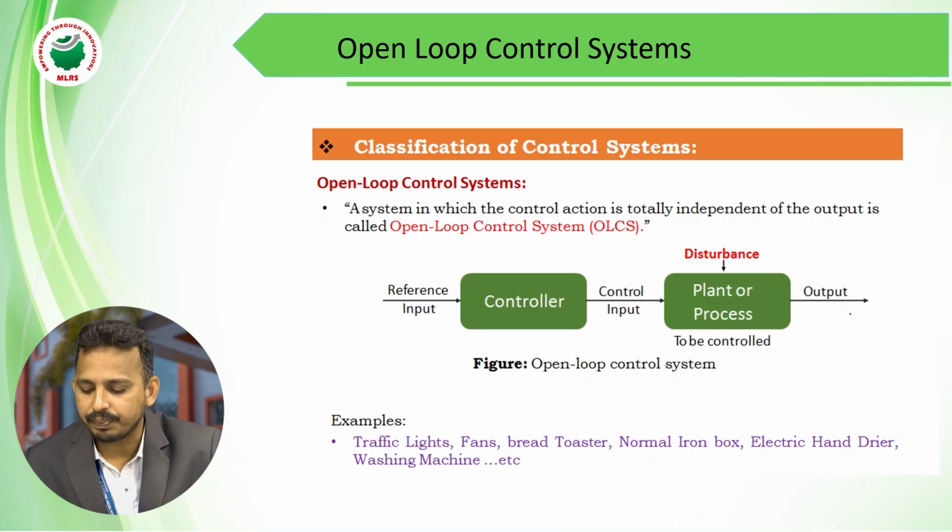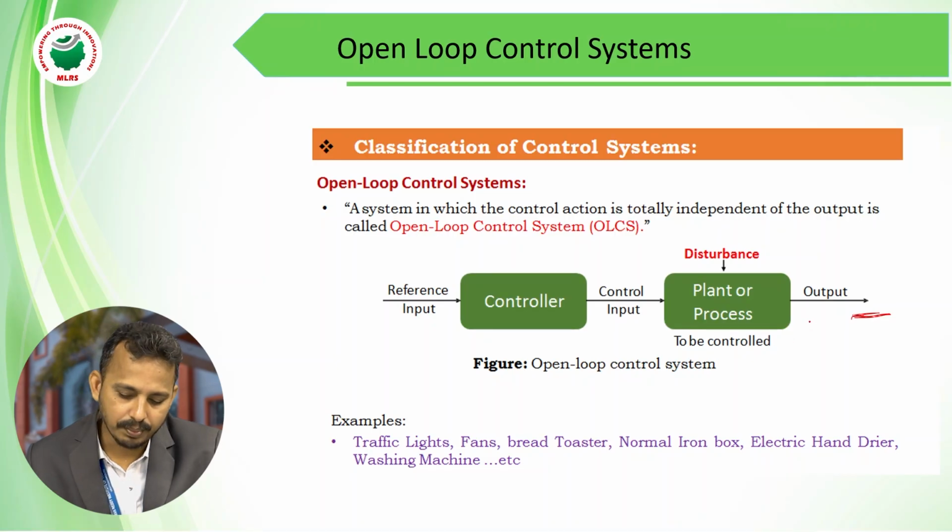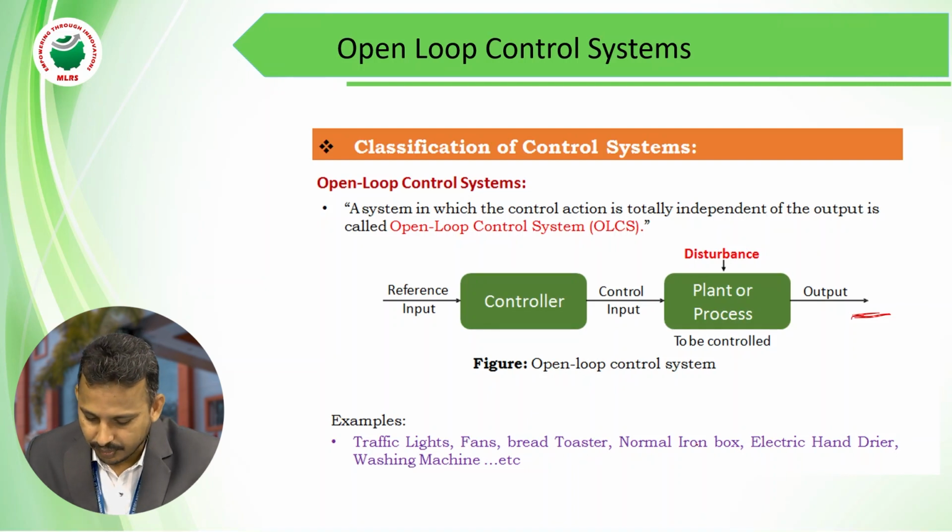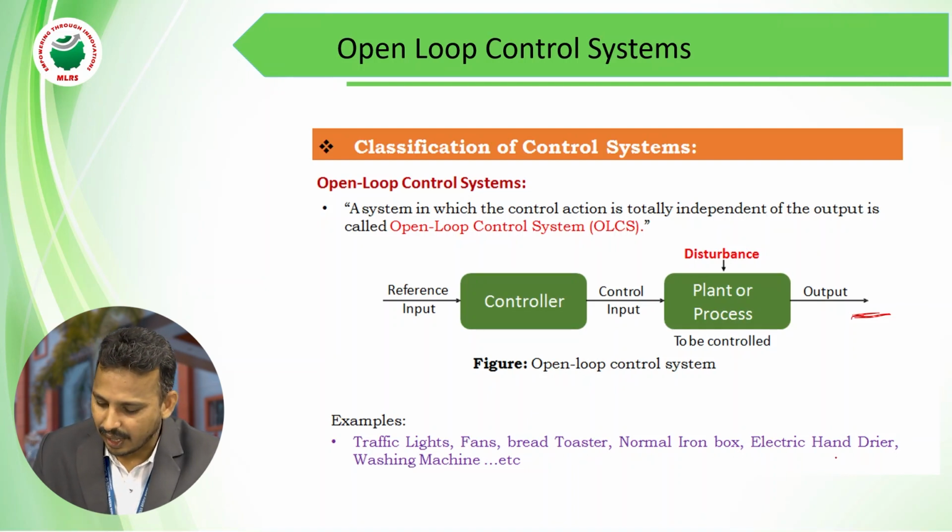The output may or may not be the desired one. This kind of setup is called an open loop control system block diagram. For example, traffic lights, fan, bread toaster, normal iron box, electric hand dryer, washing machine, etc. These are uncontrolled or open loop control system examples.